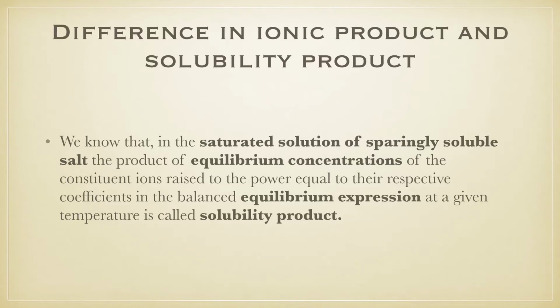In the saturated solution of a sparingly soluble salt, the product of equilibrium concentration of the constituent ions raised to the power equal to their respective coefficients in the balanced equilibrium expression at a given temperature is called solubility product.